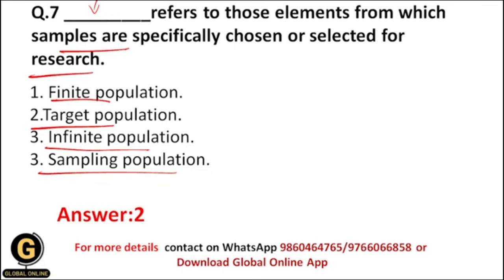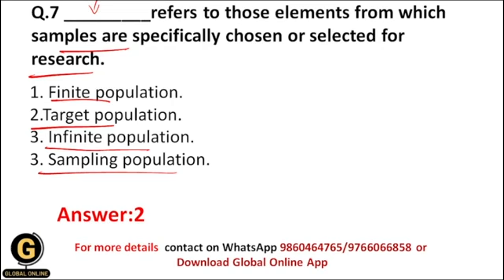Understand that whenever a researcher wants to study any kind of population, then that population would be the target population for that researcher, because the researcher only intends to target that population, and wants to study only that population, not other populations. All of you getting? And that's why it would be the target population for that specific researcher, and from the target population the researcher selects some samples for the study.